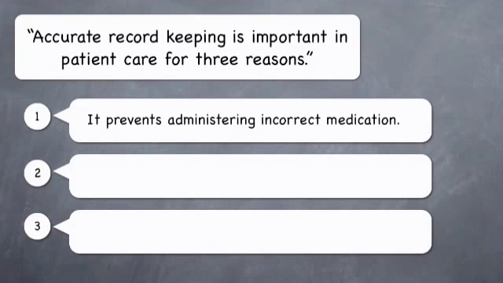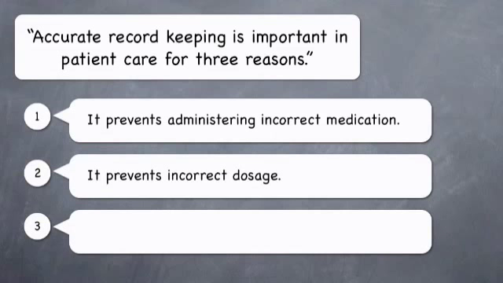Now I have to think of the next one. Okay, so number 2, I'm thinking again. I've never been a medical professional, but still, I think I can find one. It can prevent incorrect dosage. So not only giving incorrect medication to a person, but it actually prevents incorrect dosage of that medication. That's very important. And of course, number 3 is going to put my brain a little bit in overdrive.